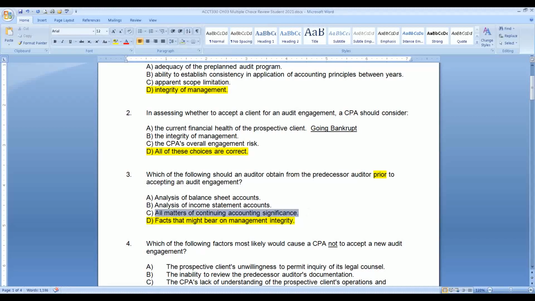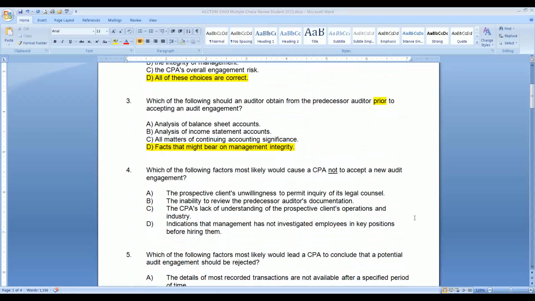You're probably not going to get too far into that. That's not a bad answer, by the way. But this one, you're probably not going to get too far into that until you actually take the audit. So this is prior to the audit, and that's something you'd probably do after the audit. You're really looking at, can we trust management? Is this something that we want to do?